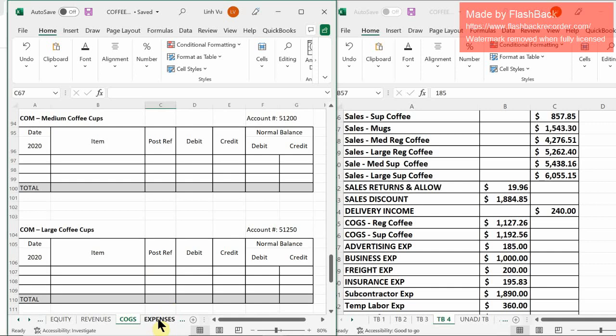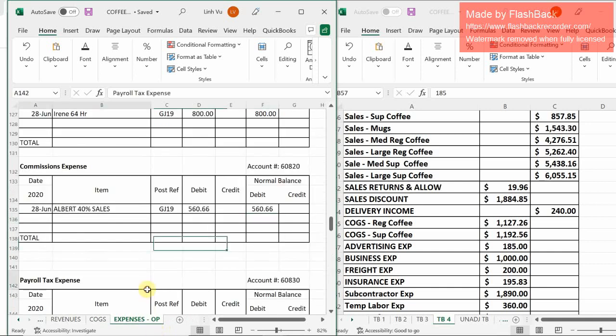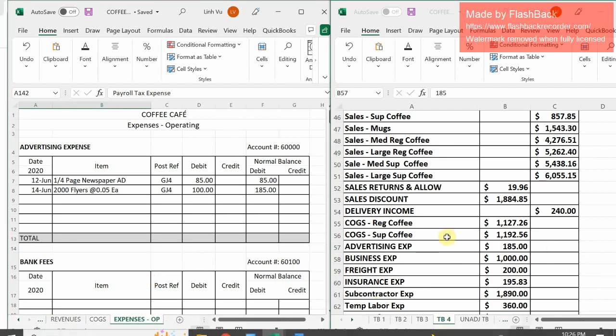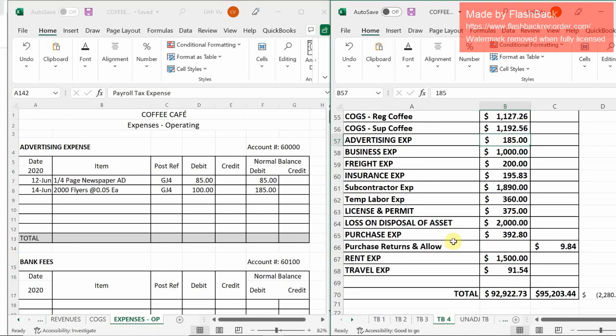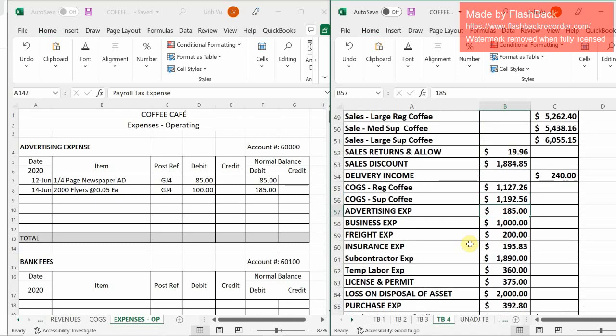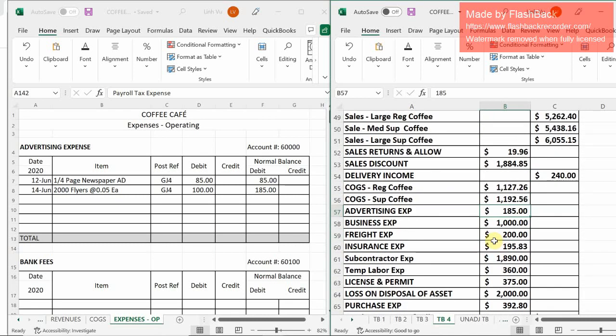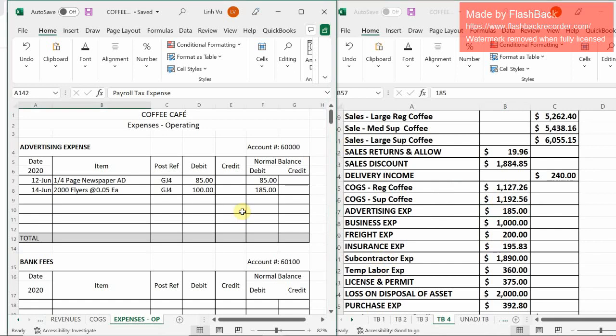Okay. Last but not least is going to be our operating expenses. Starting from the very top here, our advertising expense is still currently at $185.